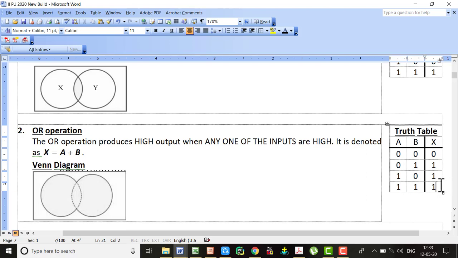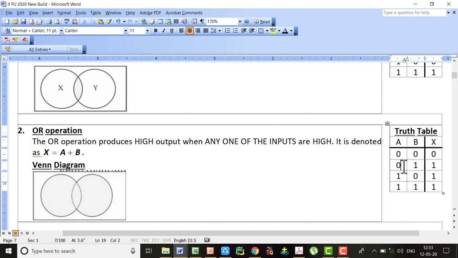Now, as I said earlier, when you have to define the operation of any Boolean operation, you have to consider those values which are producing high outputs. You can see there are 3 high outputs, 1, 1, 1. Am I right? So since these 3 outputs are producing high outputs, you need to consider only corresponding inputs.